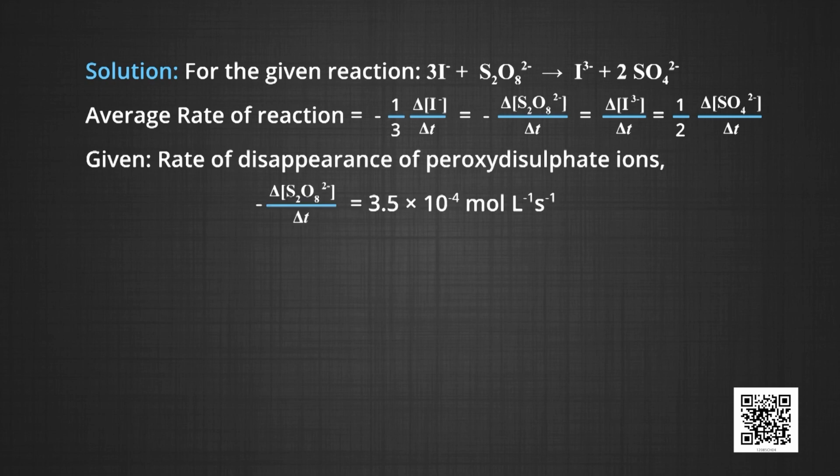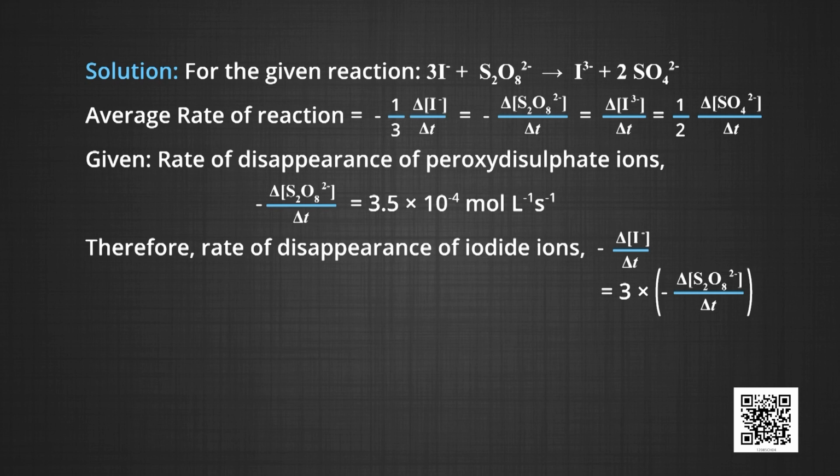Given the rate of disappearance of peroxy disulfate ions is equal to minus delta the molar concentration of S2O8 2 minus ions divided by delta T, which equals 3.5 into 10 raised to power minus 4 moles per liter per second.